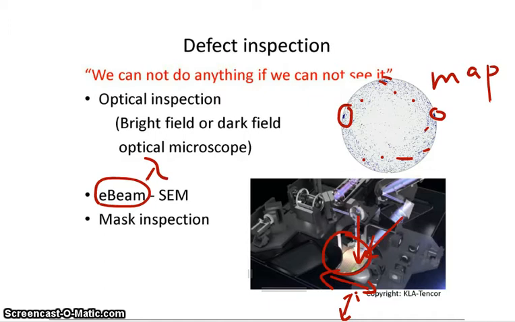It's a much better way. But the disadvantage, of course, is the throughput. You can only see a very small, tiny area, and if you want to see the whole wafer, it takes forever. Also, because SEM imaging is a contact method, that is a disadvantage compared with optical inspection.